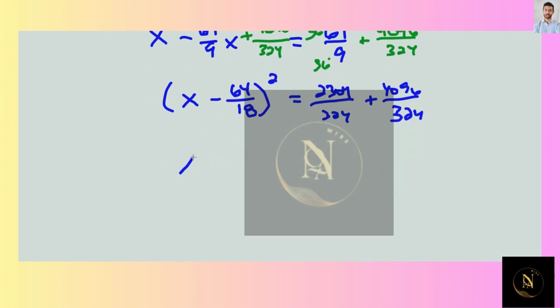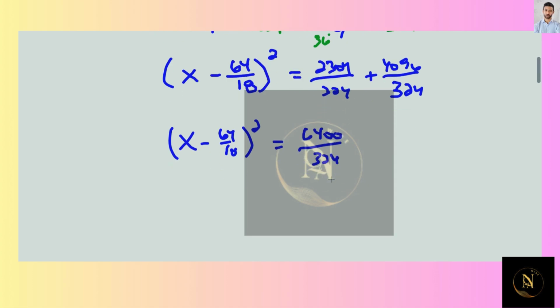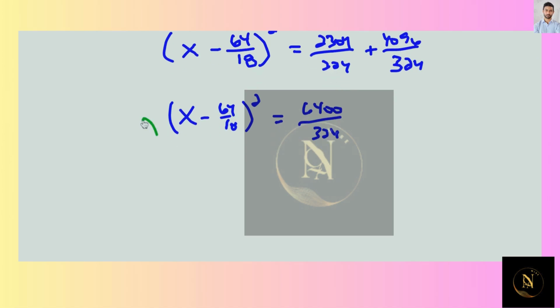So we have our like denominator on the right, 2304 plus 4096 is 6400 over 324. Now we can square root both sides to get rid of the square.